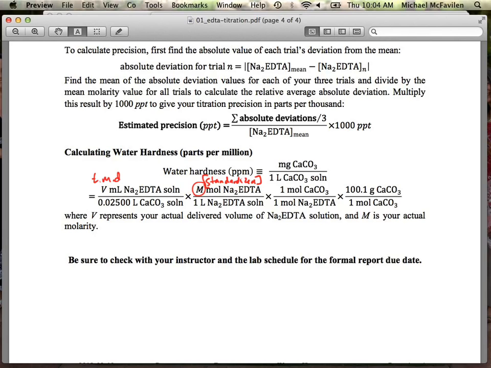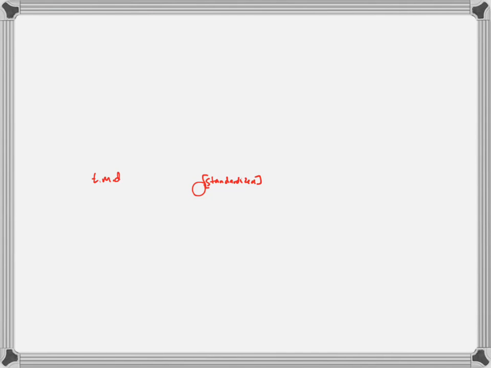Okay. What do I expect to see in the resultant calculations? I expect to see all of these calculations as far as the results. So what kind of tables or data should you include with that? What do I want? I want this. So let's think about this. For your standardization, what are you going to record?